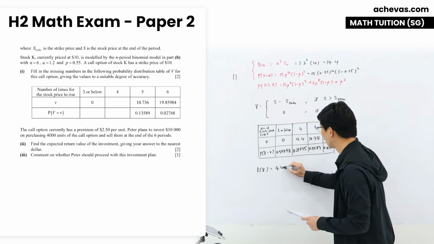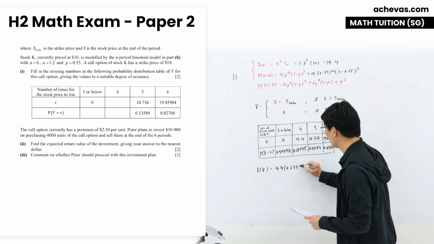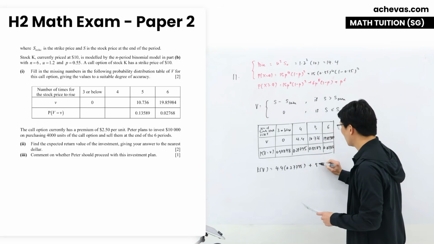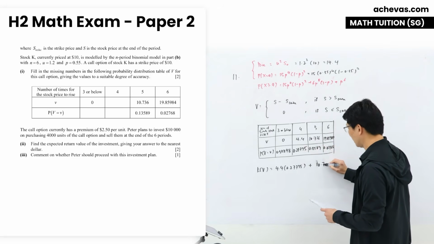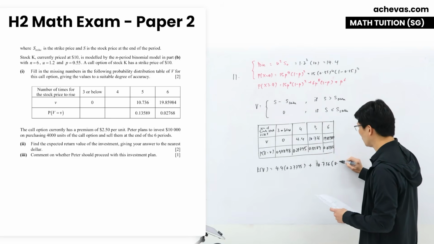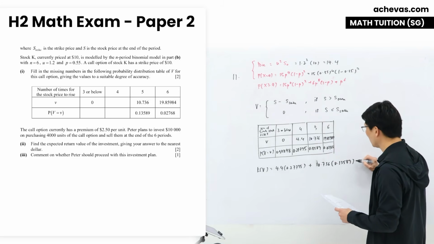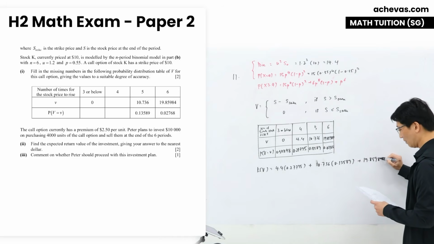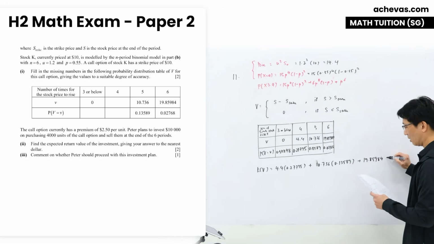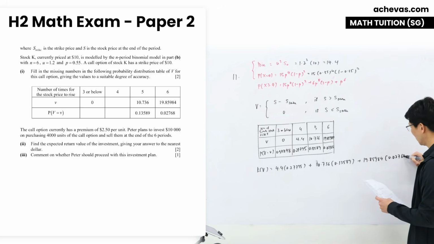It's just 4.4 times 0.27795 plus 10.736 times 0.13589, then this one will be 19.85984 multiplied by 0.02768.